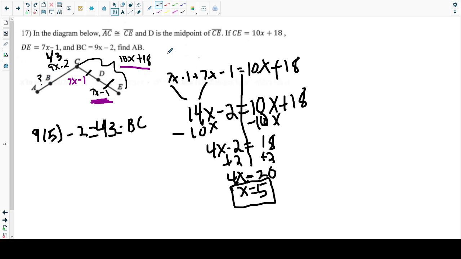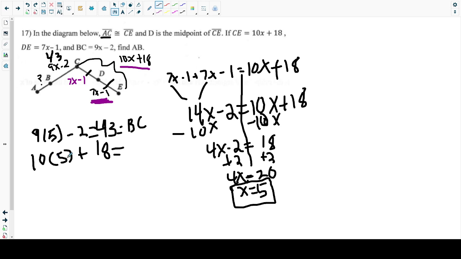But I kind of do. Because it says here, AC is congruent to CE. So if I can figure out how big CE is, I can just copy that answer for this length. Well, luckily, I have something to plug in for. I have 10x plus 18, and I know that x is 5. So now I can go ahead and do 10 times 5 plus 18.